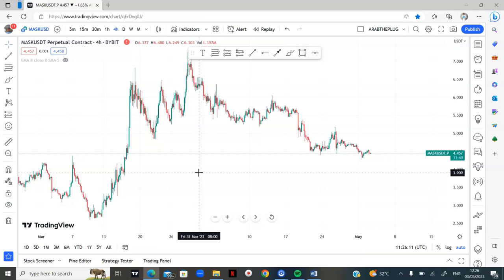Let's say the price is in a downtrend, which means the price is going down, going down, going down. And then the price gets to a stage where previously, that area has prevented the price from dropping further. That is an area of support, because that area is supporting the price and trying to push the price back up.